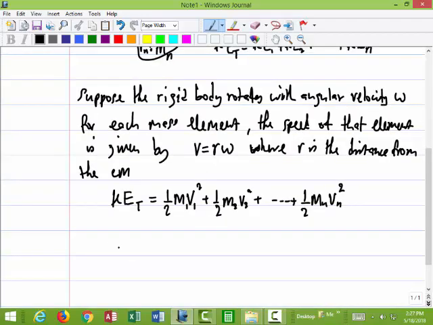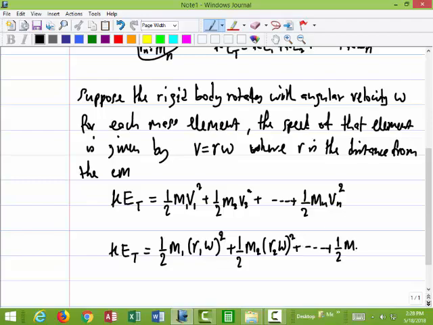And since v is equal to r omega, then the total kinetic energy can be written as half m1, and this is r1 omega squared, plus half m2, this is r2 omega squared, plus half mn, this is rn omega squared.